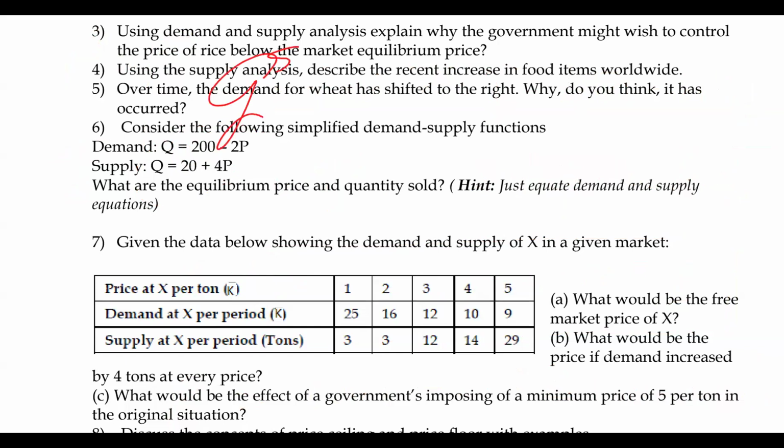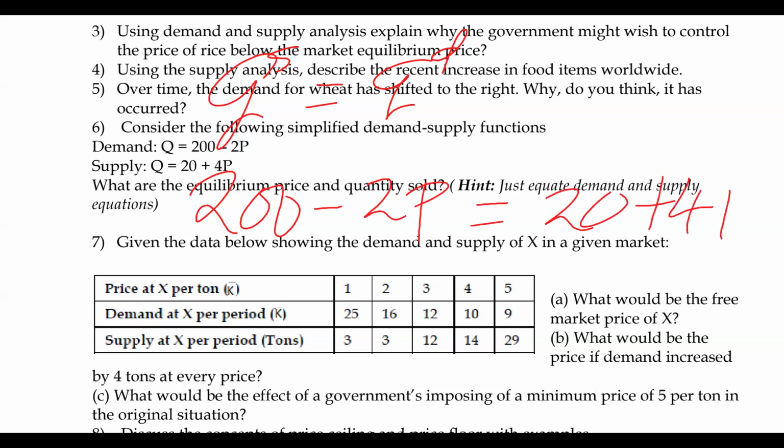We have used the quantities now. Quantity supplied equal to quantity demanded, right? 200 minus 2p should be equal to 20 plus 4p. Now we are solving for p. It will be 200 minus 20 equal to 6p, because this negative 2p will cross the equal sign.